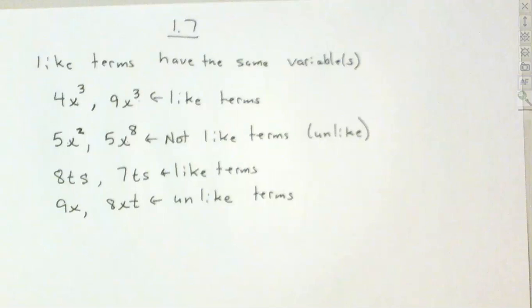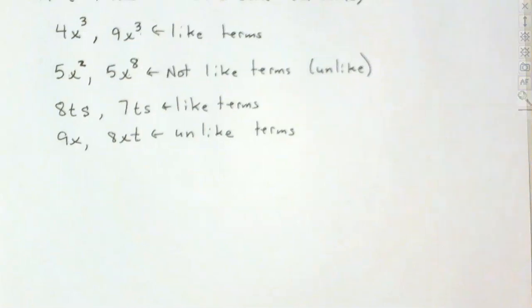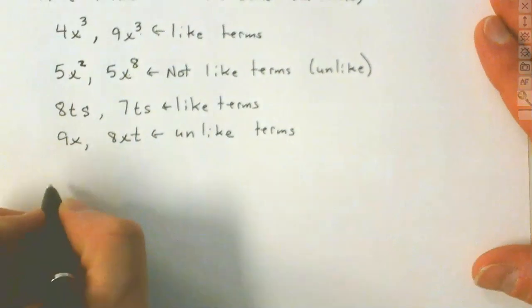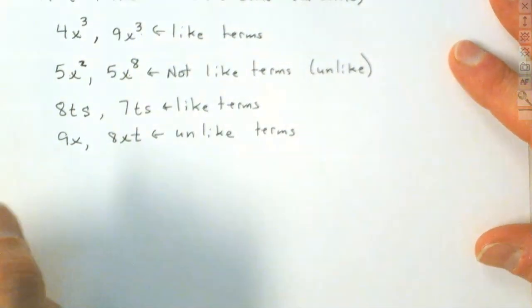Now, if they're like terms, they can be combined together. They also have what's called the coefficient, and the coefficient is the number in front. So whenever I say the numerical coefficient, I'm talking about the number in front.